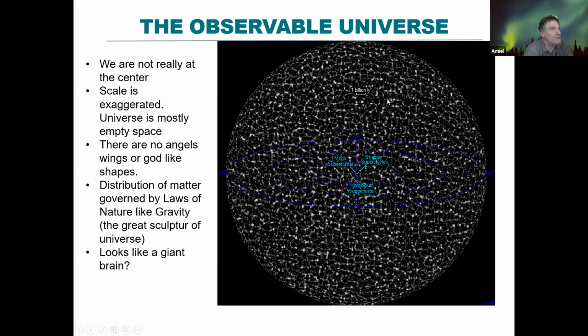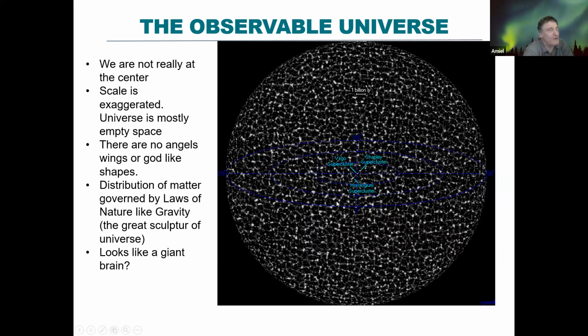So that's several billion light years in every direction. This is what the universe looks like. It's called the cosmic web. Some people think it looks like a giant brain. And this is all the connective tissue in there.